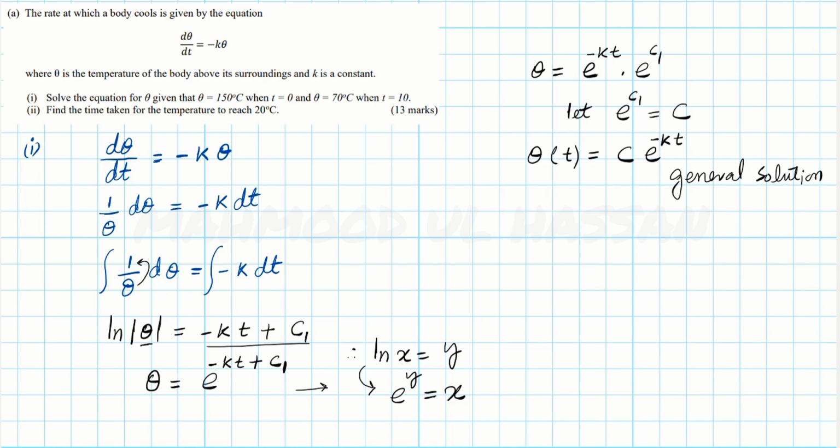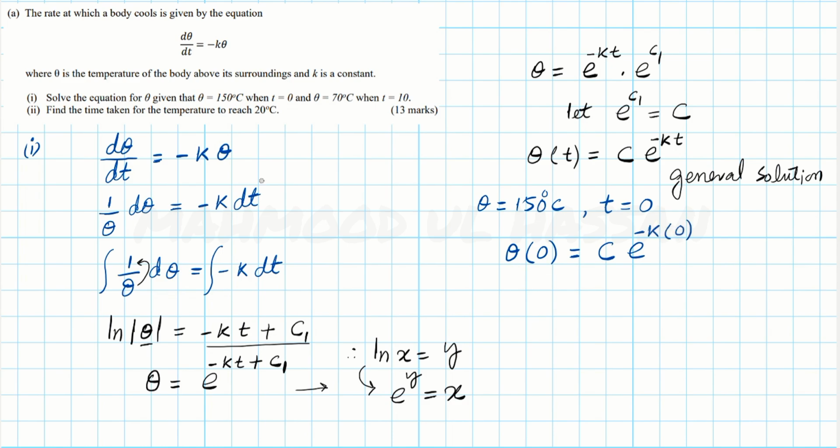Right, so now we are using the conditions. The first condition is theta equals 150 degrees Celsius when time is 0. So putting these values in the general solution, we get theta of 0 equals C times e raised to the power minus k times 0, as t is 0 here.